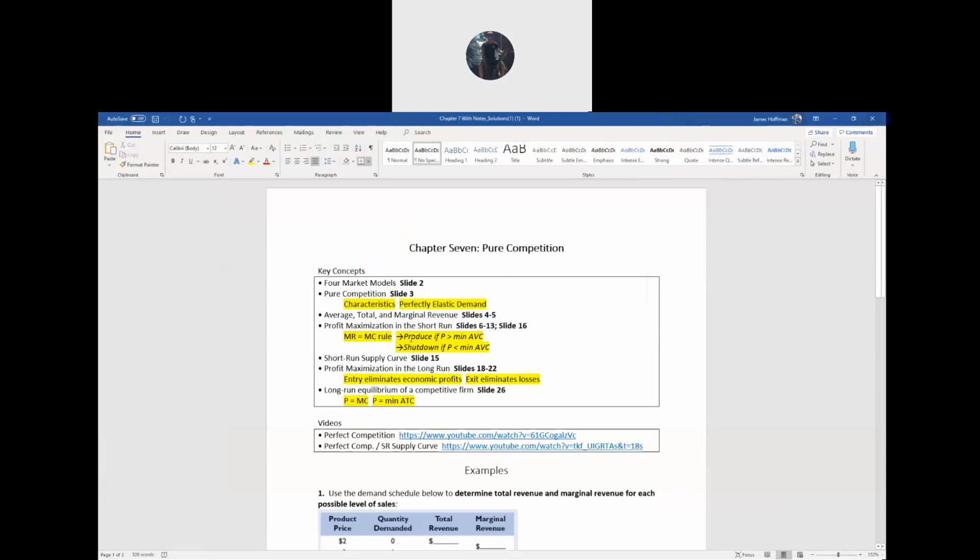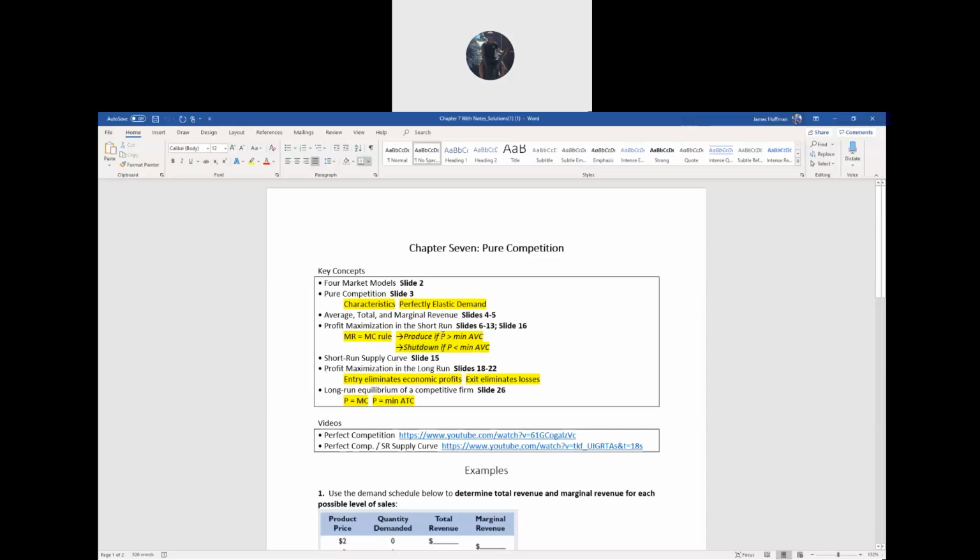If we look on the graph, and if the market price is bigger than the minimum of the average variable cost, the firm's going to produce at this condition. If the market price is less than the minimum of the average variable cost, they're going to shut down. And so we'll see in this case, they're going to shut down because losing the fixed cost is the best case because it's not profitable for that firm to produce.